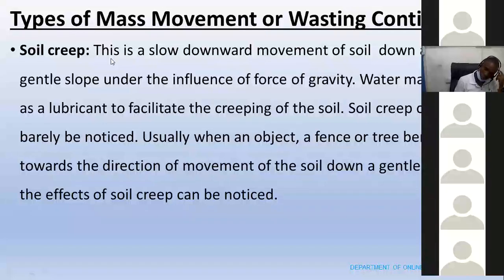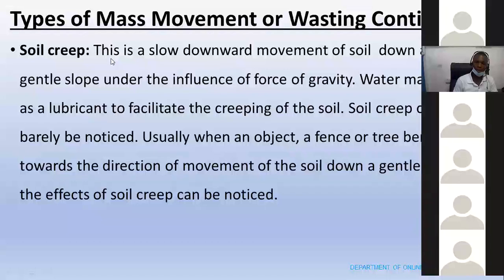Usually, with the aid of objects that are erected on the landscape, when these objects tend to shift in the direction of the flow of the soil, then it is possible to notice the effect of soil creep. So take note of this.